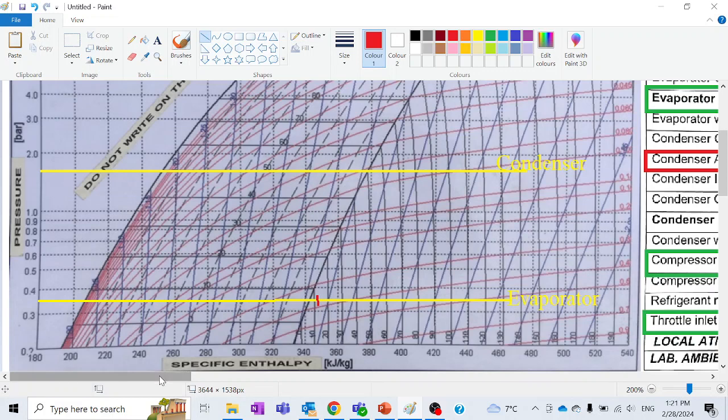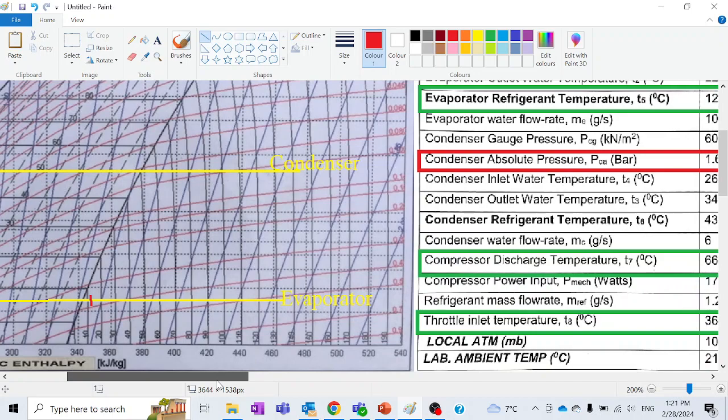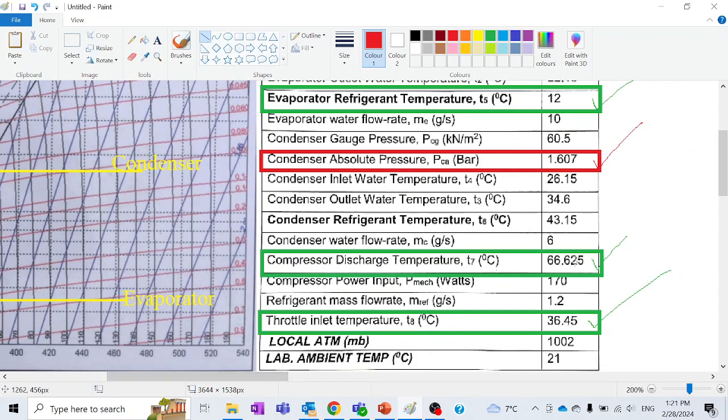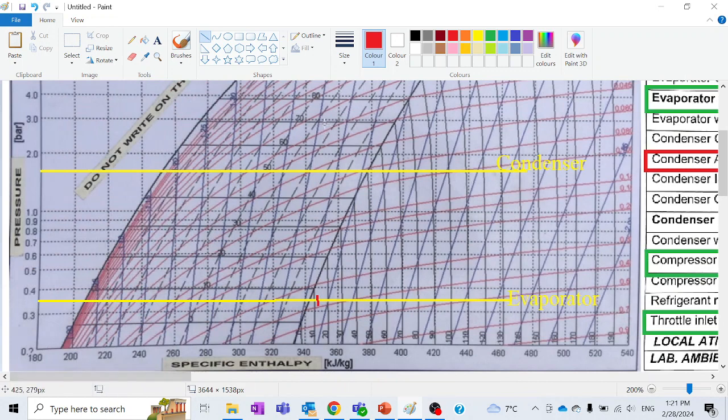The other thing I need to know: from the evaporator the refrigerant will enter into the compressor. So what is the compressor outlet temperature provided to us? We can see here it is 66.6 degrees Celsius. Again we can see where 60 is. Yes, this is the line which corresponds to 60, and this is the line which corresponds to 70, and our desired temperature, 66, is between them.